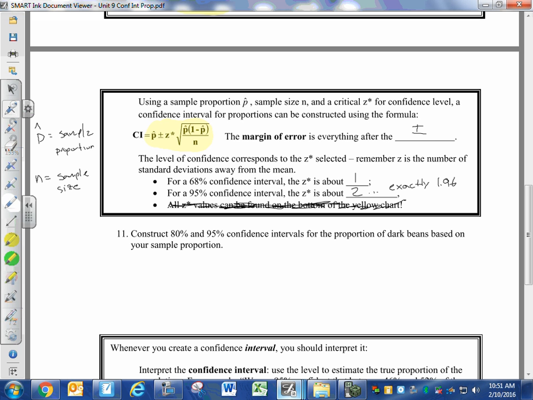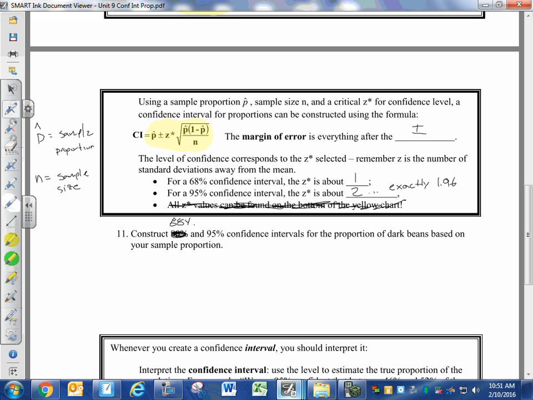Let's go ahead and construct, don't worry about the 80, a 68% and a 95% confidence interval for the proportion of dark beans based on Miss German's sample proportion. Okay, so here's our formula for a confidence interval. We've got the p-hat, which is our sample proportion.